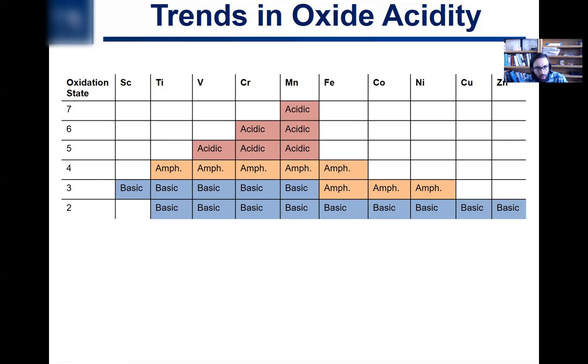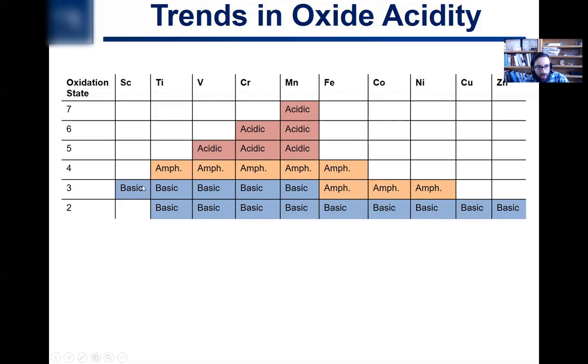It has to do with how much this proton wants to leave. If you have a very high charge density on your central atom, that proton is going to want to leave very, very readily. Because you have a high positive charge formally on manganese here being +7, it's going to want to leave.